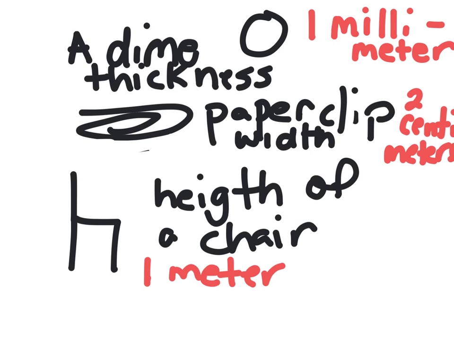So if you have to think about how many millimeters, you just think of how thick the dime is. The width of a paper clip is 2 centimeters, and the height of a chair is 1 meter, or what we would probably say is closer to 3 yards, but we're going to use meters as our measurement.